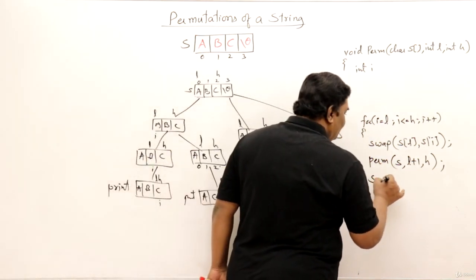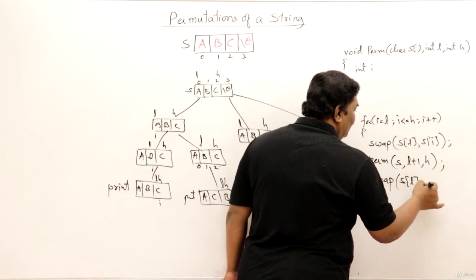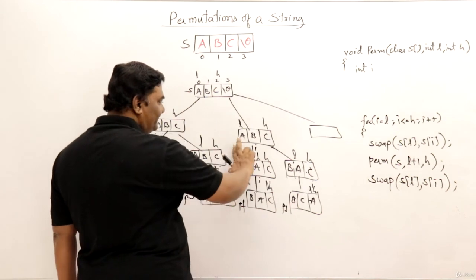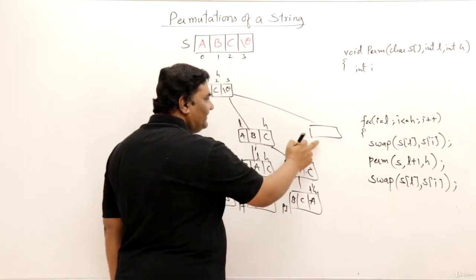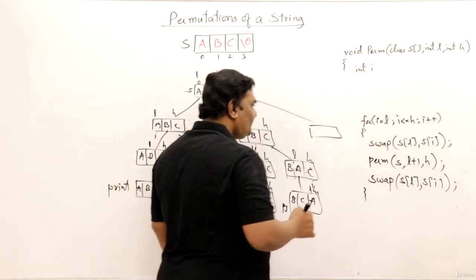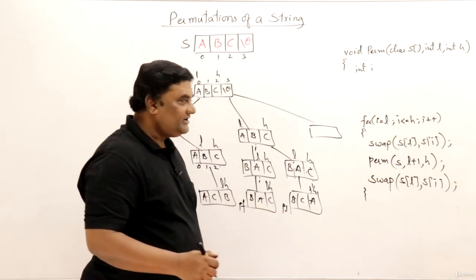So when it is coming back, it should swap the alphabets at S of L and S of I. We are putting back the letters as they were, right? This was BA, then again it became AB for the next pass, right? Next pass. That's all we have to do in this for loop, and this is all we have to do if low is not equal to high. If low is equal to high, print the string.